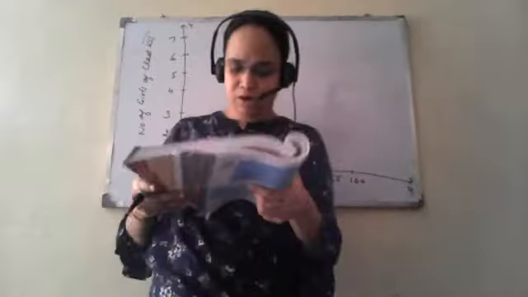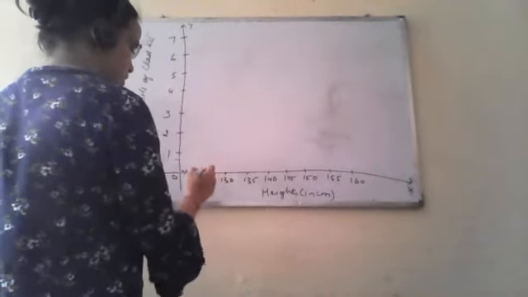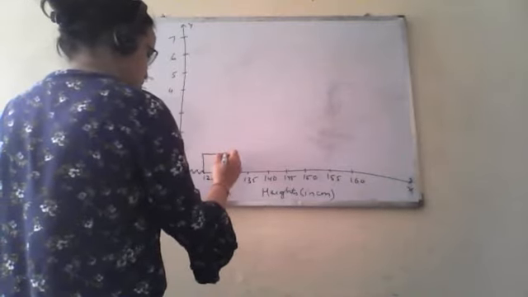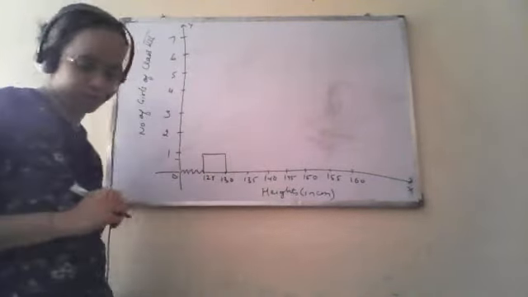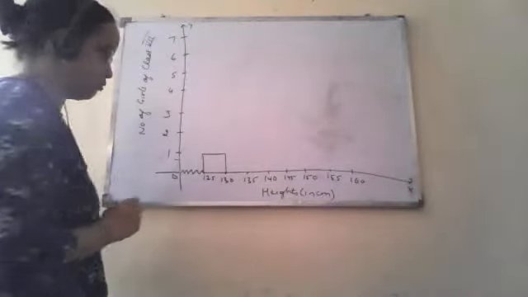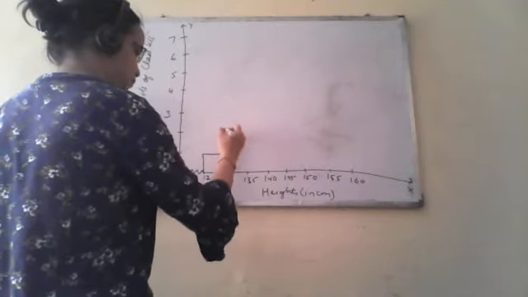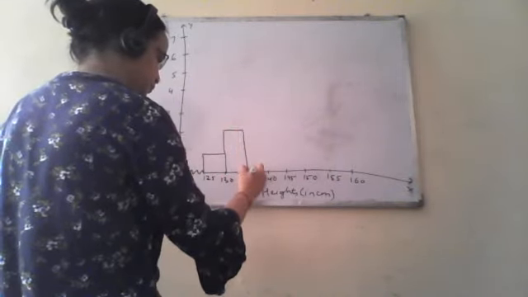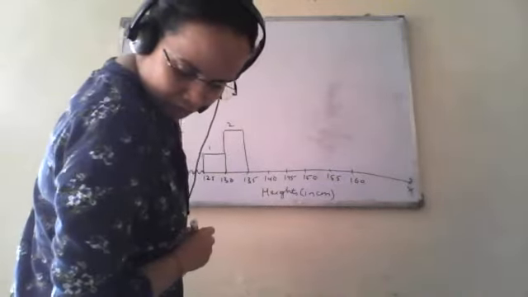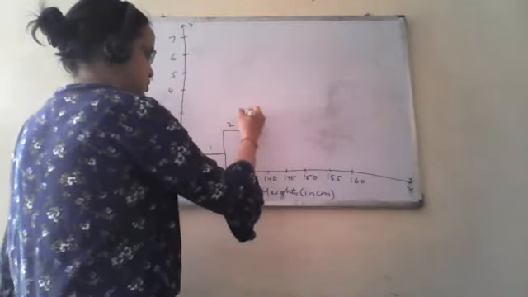So between 125 to 130, the number of girls is 1. Between 130 to 135, there are two girls. Between 135 to 140, there are three girls.